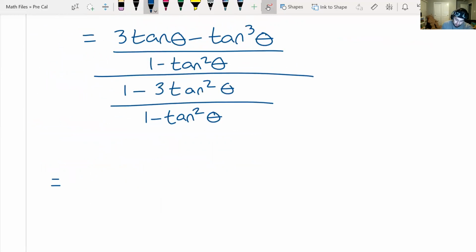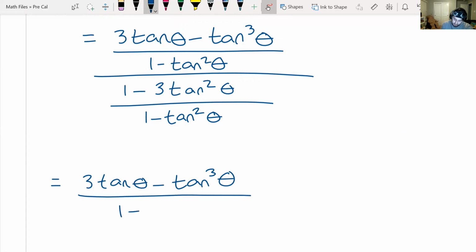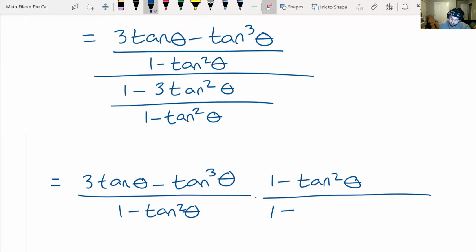So this becomes 3 tangent theta minus tangent cubed theta over 1 minus tangent squared theta, times the reciprocal of everything in the denominator, 1 minus tangent squared theta over 1 minus 3 tangent squared theta.